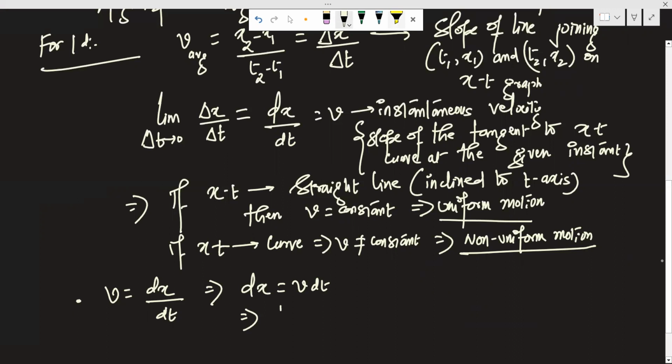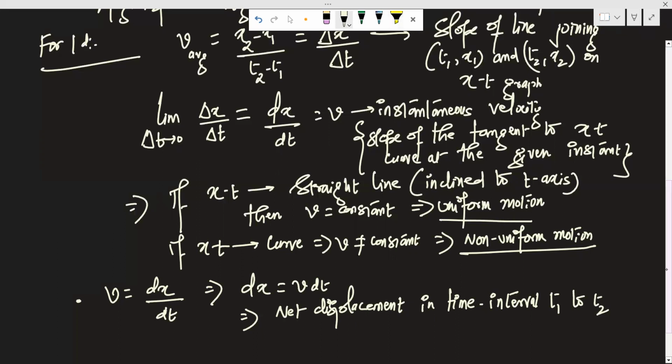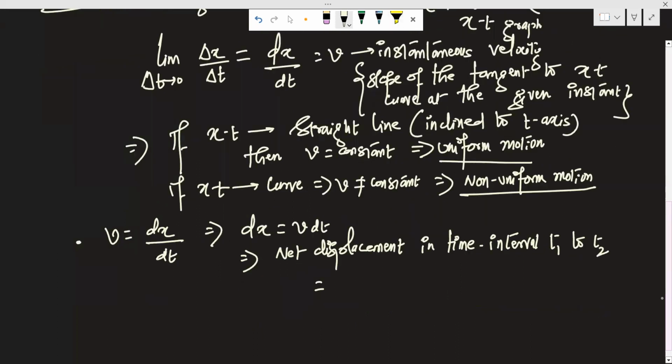So we can say that the net displacement in a time interval, say t1 to t2, will be equal to the integration of v dt from t1 to t2.